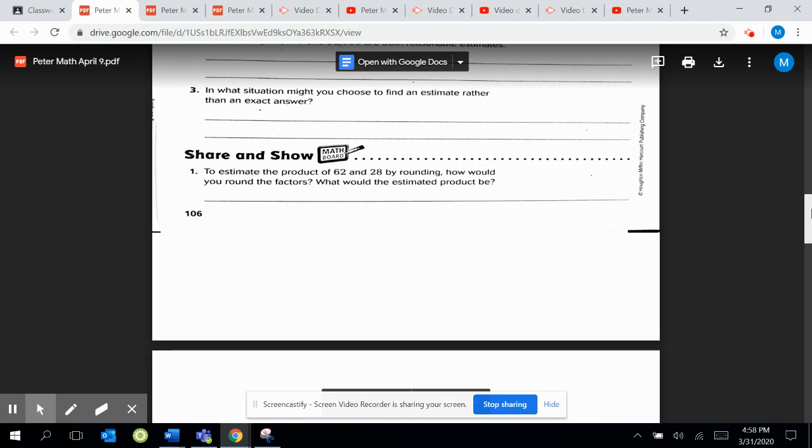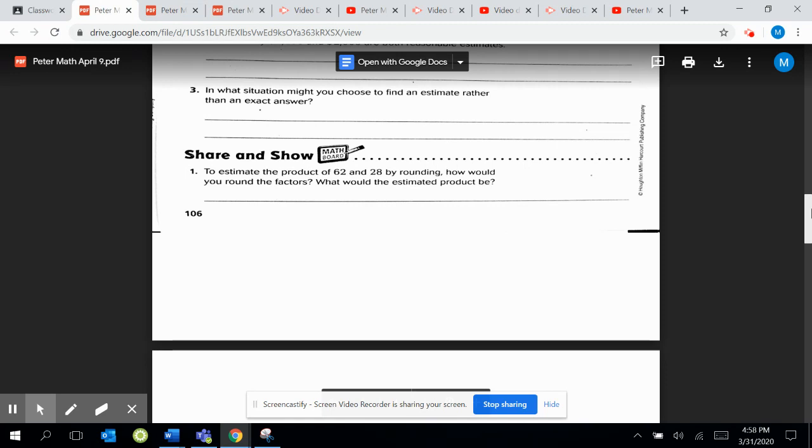Why do you think that there might be a time when you wouldn't find the exact answer, you'd use an estimate? I might decide how many sandwiches to make for a school picnic. And maybe you wouldn't need to know exactly, but you would want to have a ballpark of how much you'd need. And so you could estimate for that.